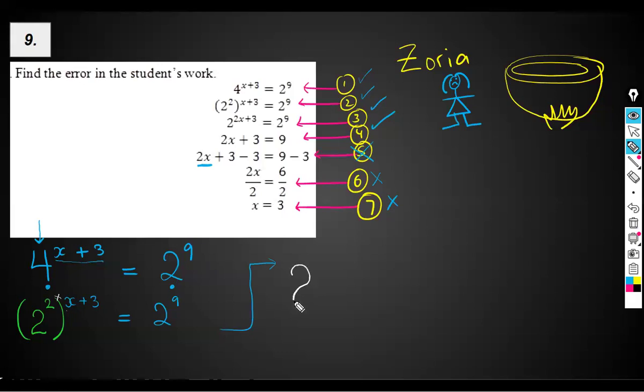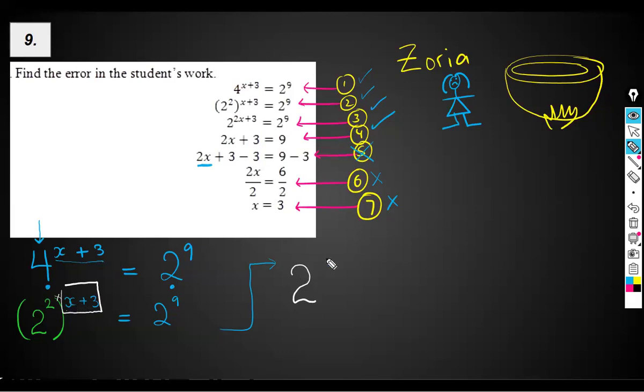So we have 2 here, but look at the mistake they made up here. Aren't we supposed to multiply this entire thing by 2? Look at what they did up here. They only multiplied the x by the 2. They forgot to multiply the 3 by the 2. So look at the error. The error is in line 3.